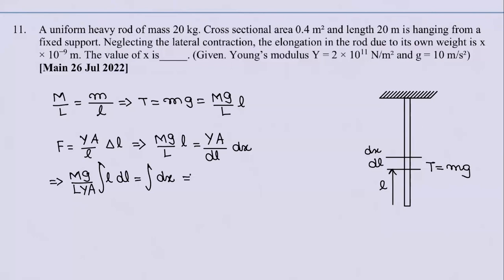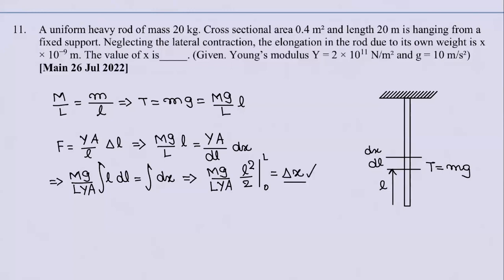That implies mg by LYA. Integral l dl is what? l square by 2, with l from 0 to capital L, is equal to integral dx. Integral dx is delta x, and delta x is total elongation.